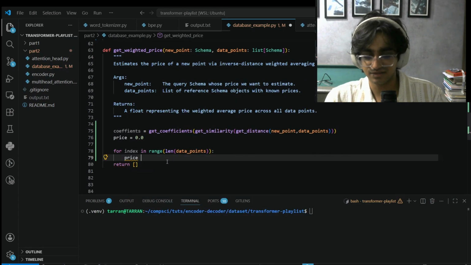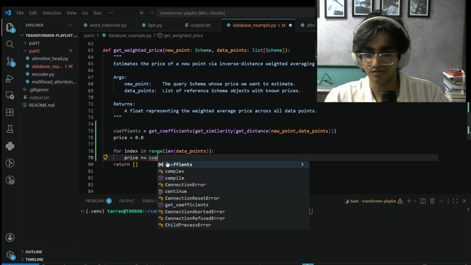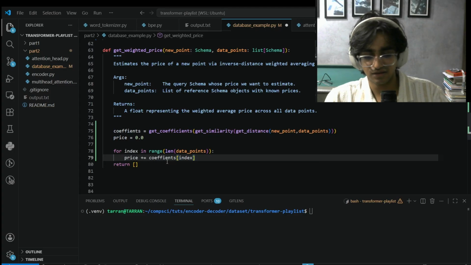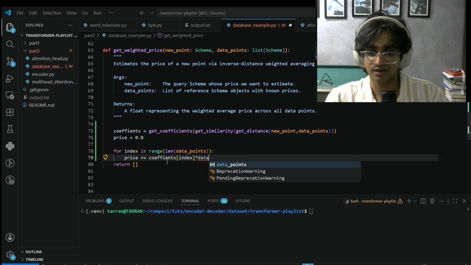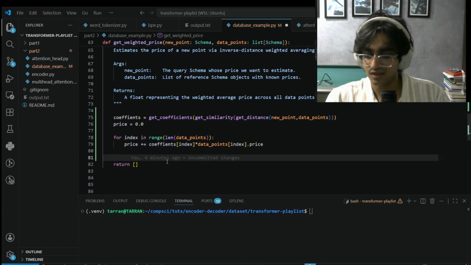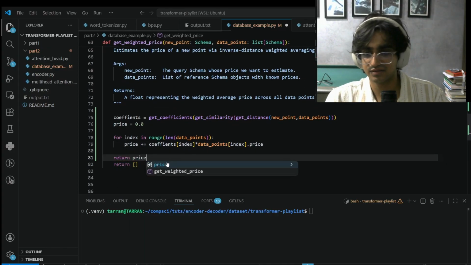Our price is just going to be our coefficients of our index, multiplied by our data points index dot price, and we're going to return price.